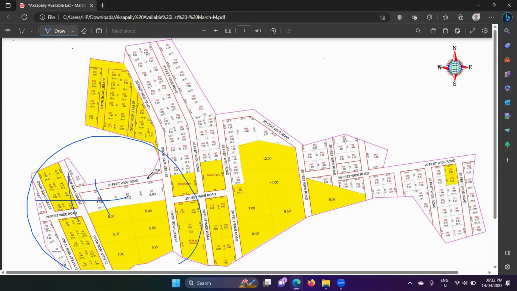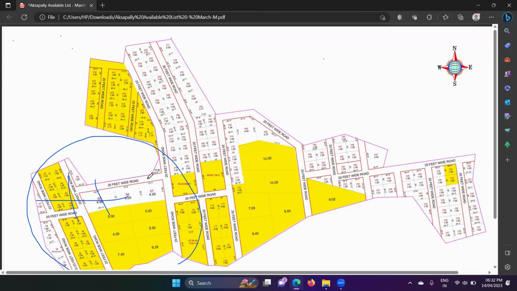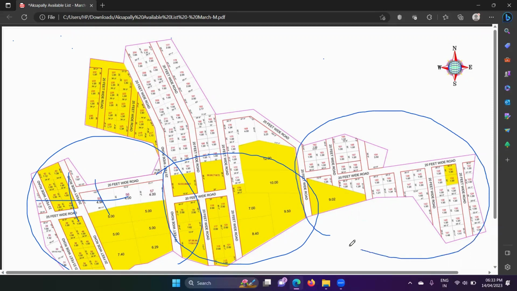After doing some sales or marketing, they might get some money, and they try to pool the next available land, because it is all agricultural land. After talking to the other property sellers, they try to pool the next available land. So this is how they take it.